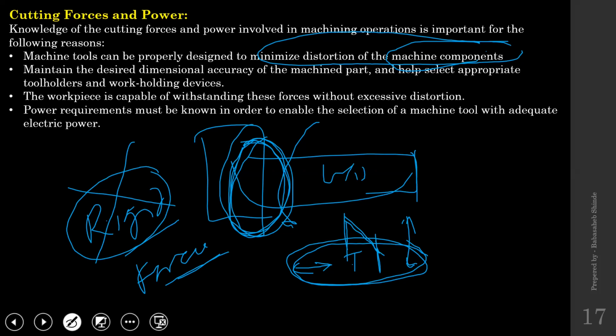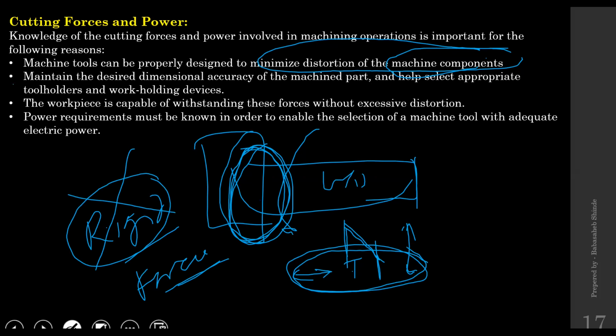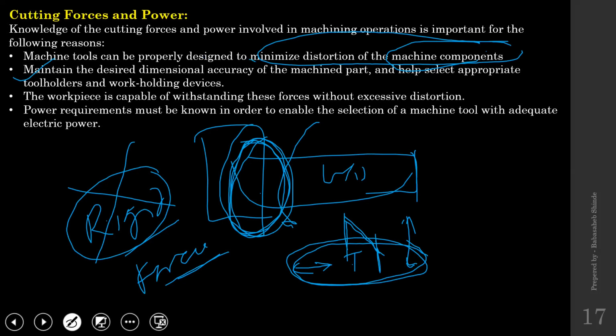Because if that distortion is there, you will get the second thing. The dimensional accuracy that we are expecting from that machine tool will not be achievable. Why? Because whatever reference positions I have considered while beginning the metal cutting, because of distortion, those reference things are not fixed now, because the machine tool itself has got distorted.